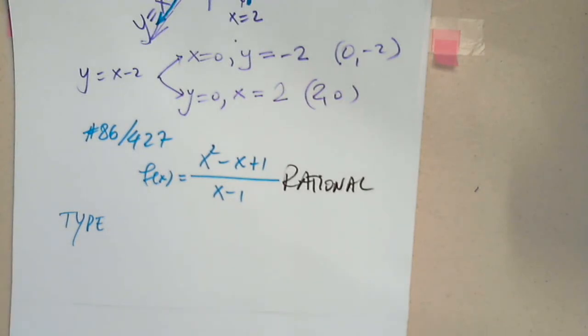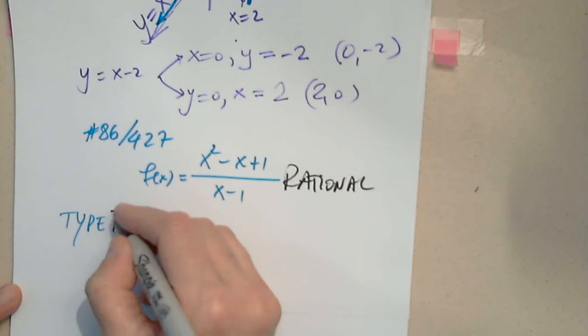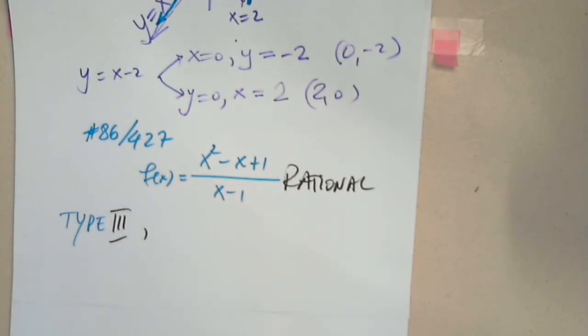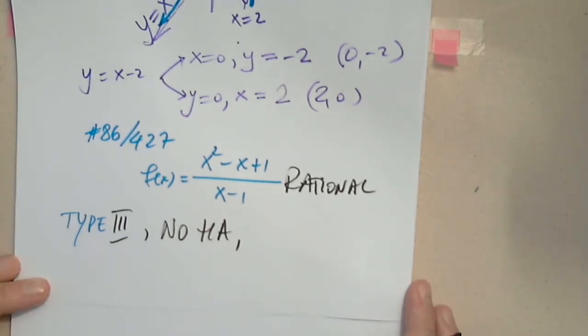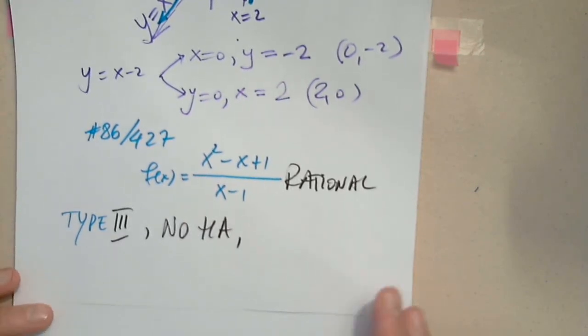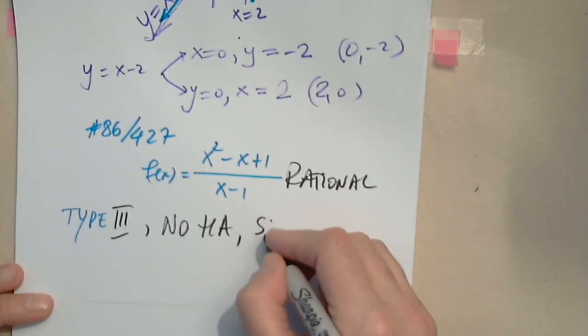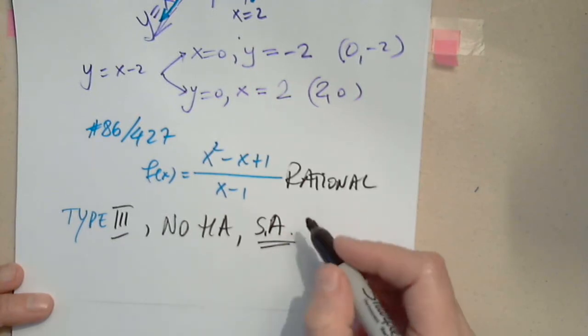Careful, one more time. Right. Yes, very good. I'm going to ask, does it have a horizontal asymptote? No. No horizontal asymptote. Does it have a slant asymptote? Yes. Slant asymptote, and then I'm going to say find it.